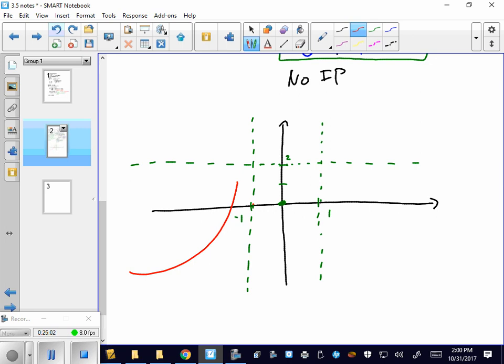Not that it can't go through this horizontal asymptote, because a function actually can go through a horizontal asymptote towards the center. It's only what happens as it goes way out towards infinity that it actually becomes an asymptote. But the problem is, I'd have to have another x-intercept right there, and I don't. So, because of that, the function must lie up in this section.